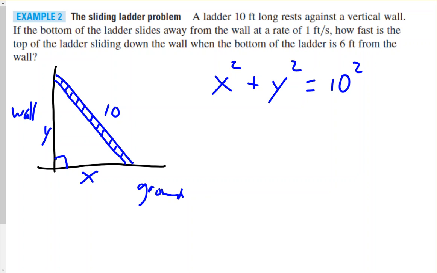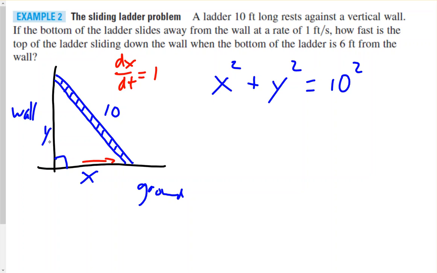What we do know is that the bottom of the ladder is sliding away from the wall at a rate of 1 foot per second. So that's going to give us a rate of x. So we know that dx/dt equals 1. And then we want to know how fast the top of the ladder is sliding down the wall.